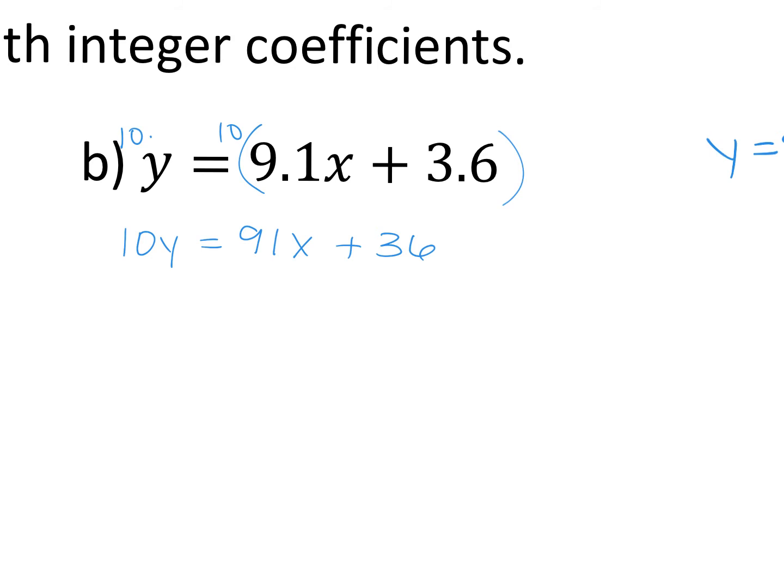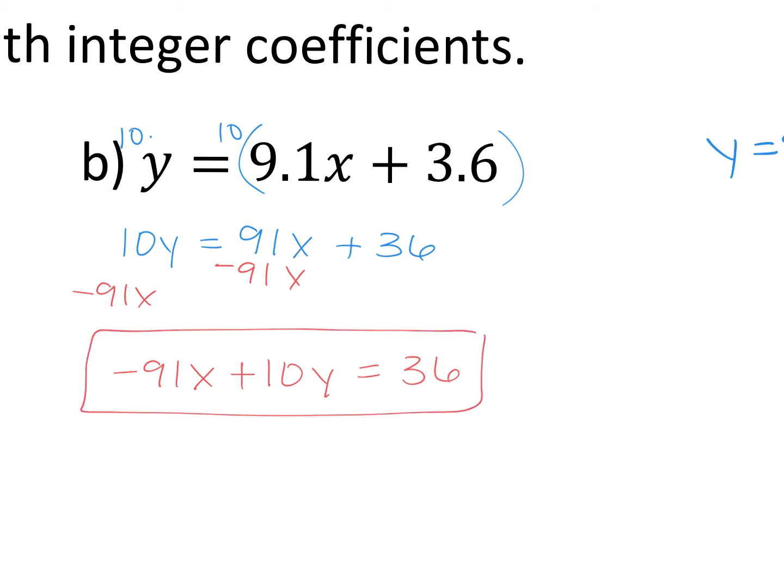How do I get my x's and y's together right now? Subtract 91x, right? If I subtract 91x from both sides, I get negative 91x plus 10y equals 36. Technically, if you subtracted 10y and subtracted 36, it's not wrong. You just have more negatives that way. So I would leave it like this, and that would be your answer.